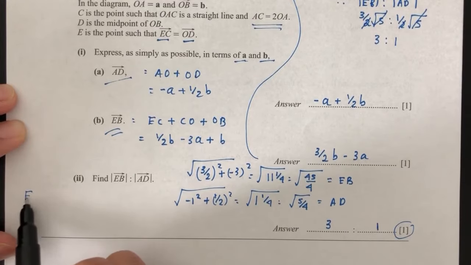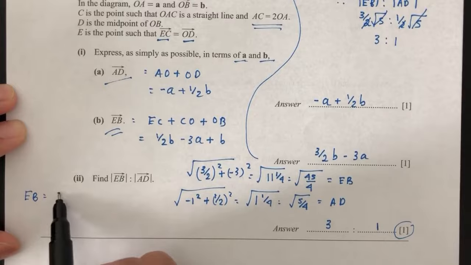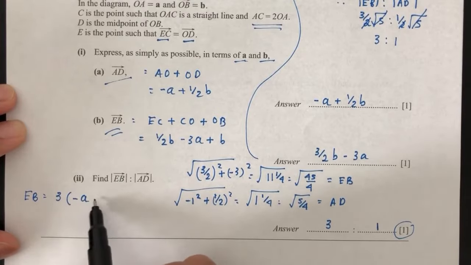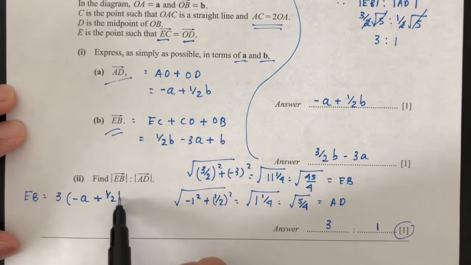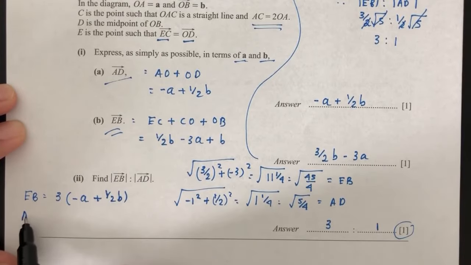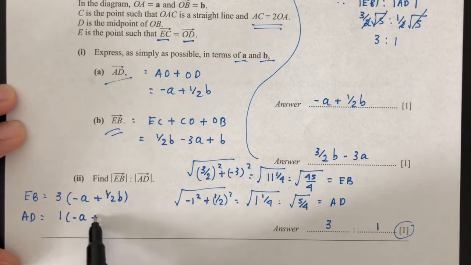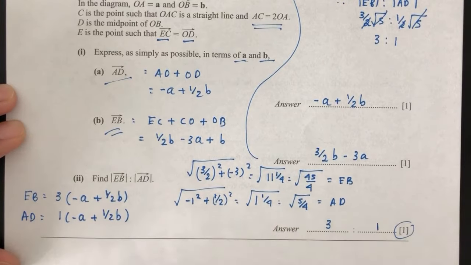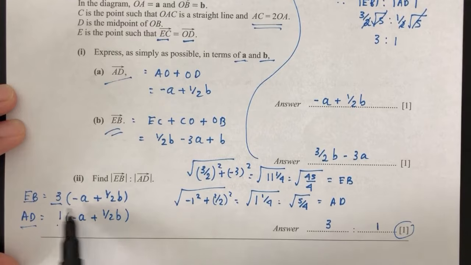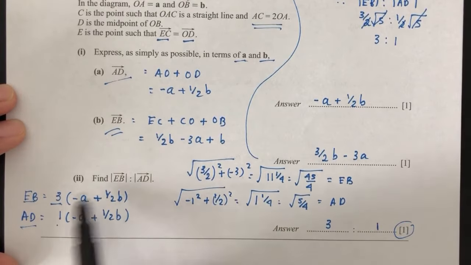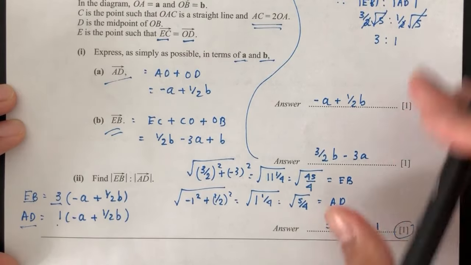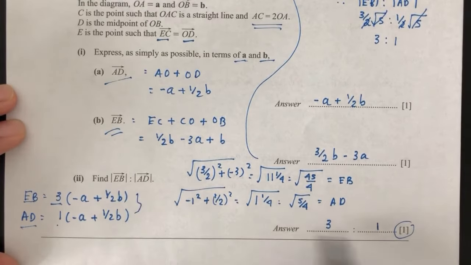So EB is, let's take out 3, we will have minus A plus half B. And AD is equal to 1 times minus A plus half B. So the ratio of EB to AD will be 3 to 1, as you can see by this ratio. So this is pretty simple and straightforward. You can use both methods, but this one is way faster and is only for 1 point. It should be this way, so 3 to 1, but both are correct.